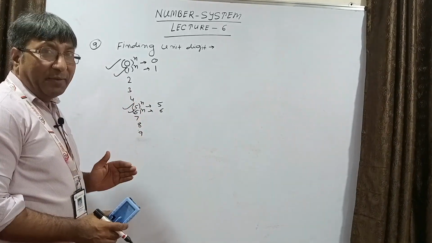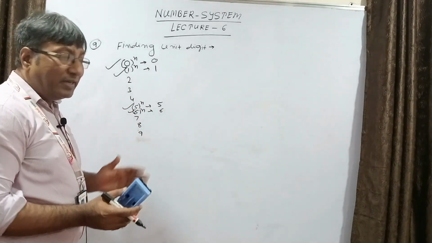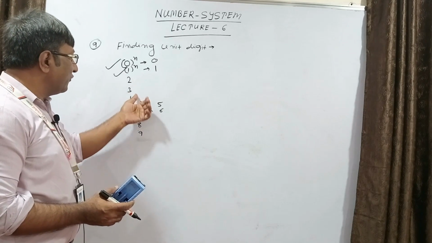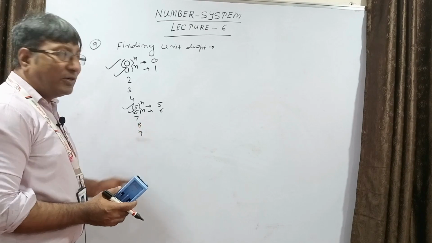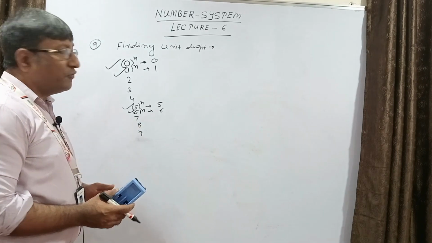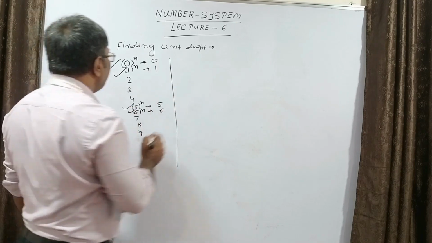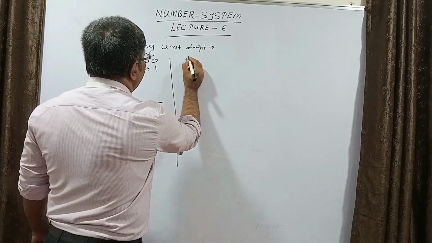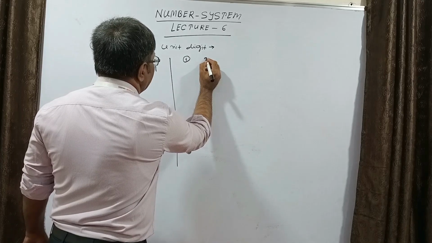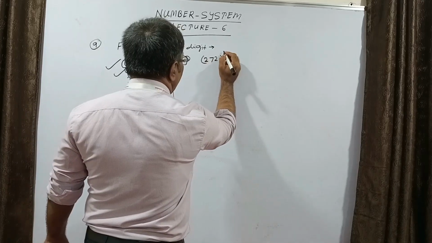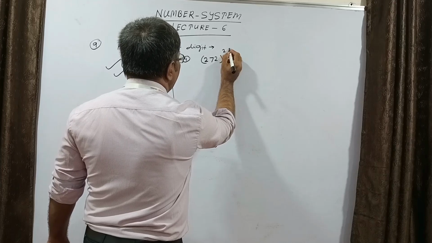Now what will happen if our unit digit is given as either 2, 3, 4, 7, 8 or 9? Then how can we find our answer? Let us see an example. Suppose it is given 272 to the power 28.